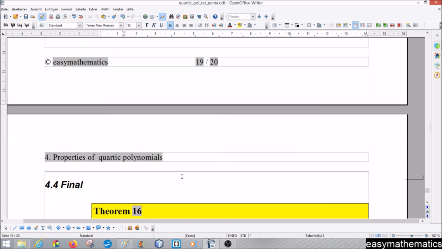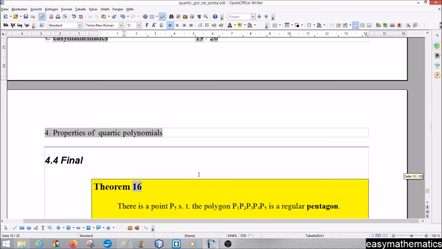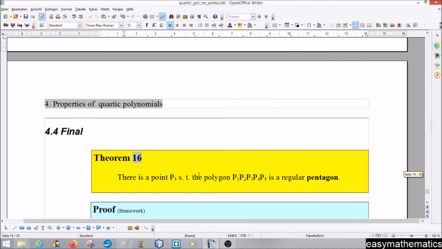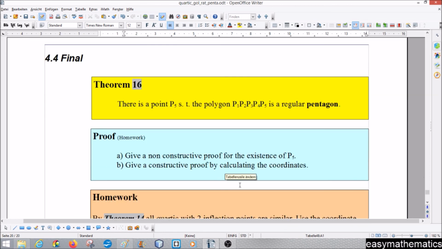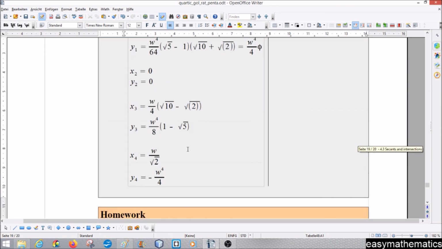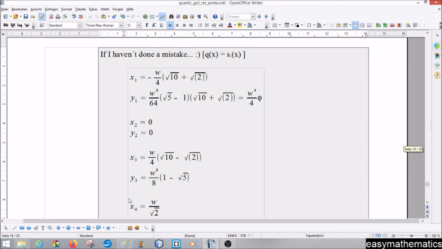Nice homework. And the final is, there is a point P5 such that the polygon P1, P2, P3, P4, P5 is a regular pentagon, and the points P1 up to P4 are exactly these points here.